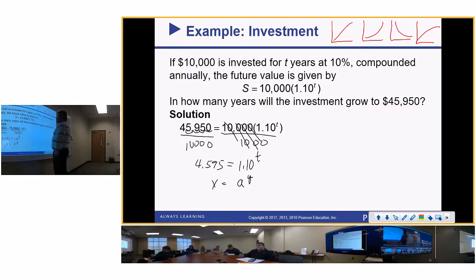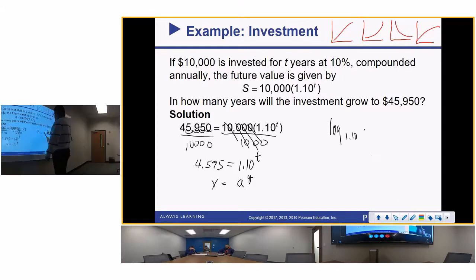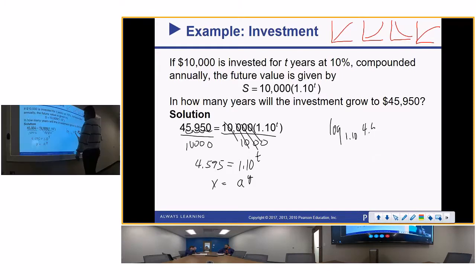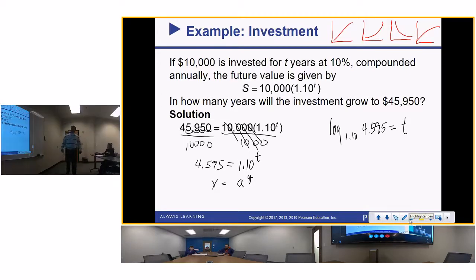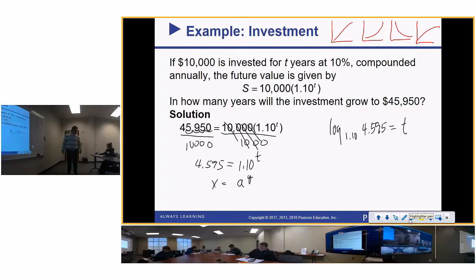Log base 1.10 of what? 4.595 is equal to t. And now you use the change of base formula. So somebody do the change of base formula with their calculator and tell me what you get.